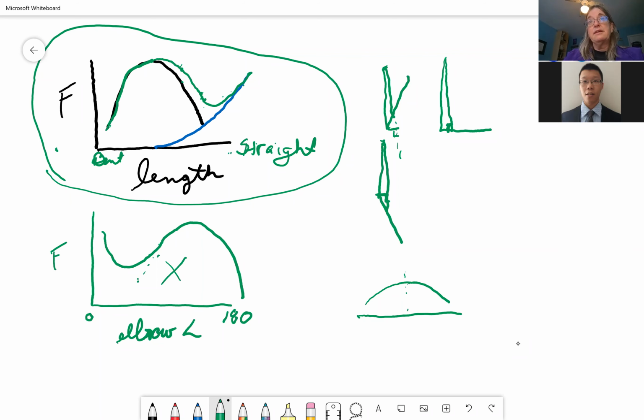And part of it is that as you come out here, not much of it is actually rotating anymore, and so it's not creating torque. And out here, same thing. So you get something that looks a little bit different when you combine the two.